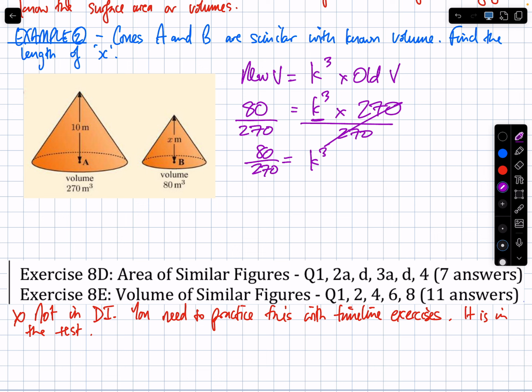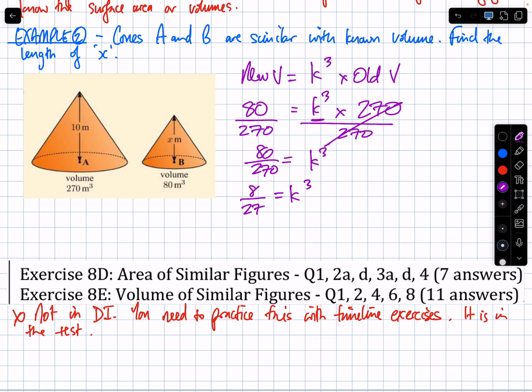Can that 80 over 270 cancel down at all? Are both of those numbers divisible by 10? Because there's a 0 on it. So that cancels down to 8 over 27 is equal to k cubed. You could use cube root on your calculator, right? But we can think about it.